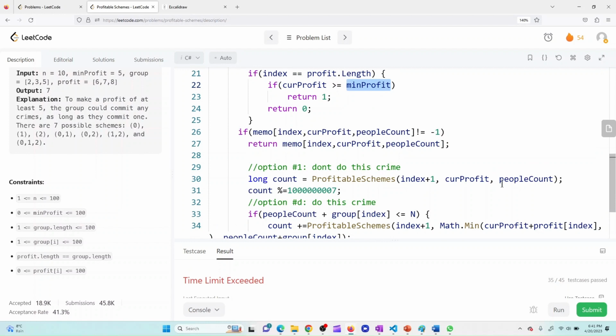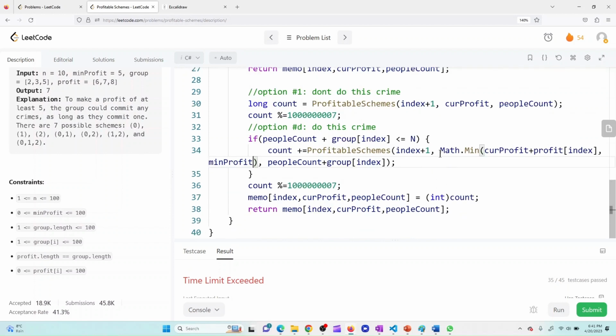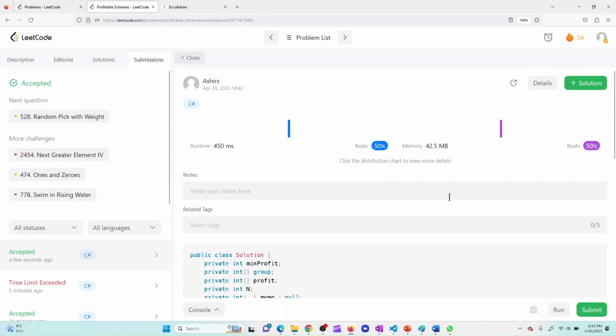This way will help us limit the profit to 100 so that we can fit it in our memoization array. And then let's submit it, and that works.